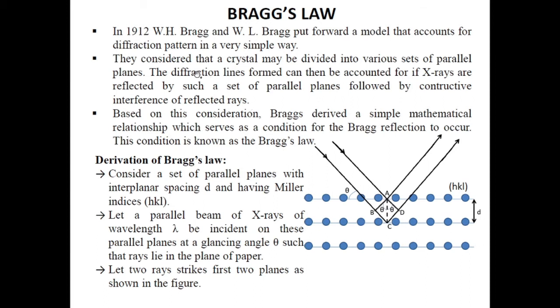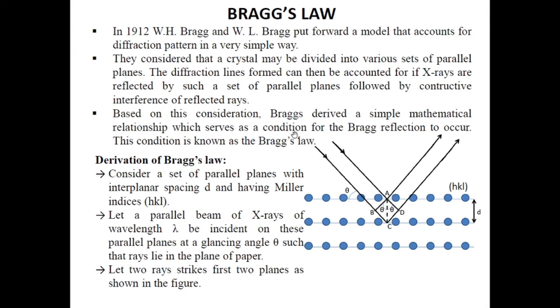They assumed that the diffraction lines formed can be accounted for as if X-rays are reflected by such a set of parallel planes. In their model, these planes act like a smooth mirror, and the diffraction pattern is because of the constructive interference of these reflected X-rays.